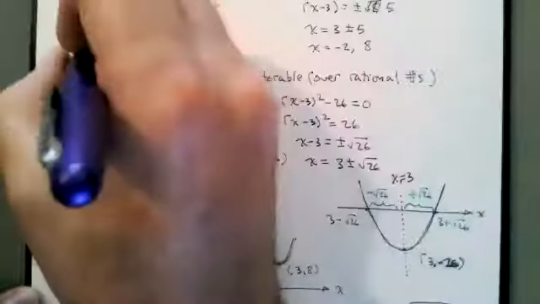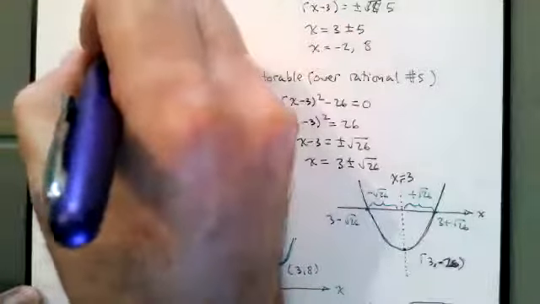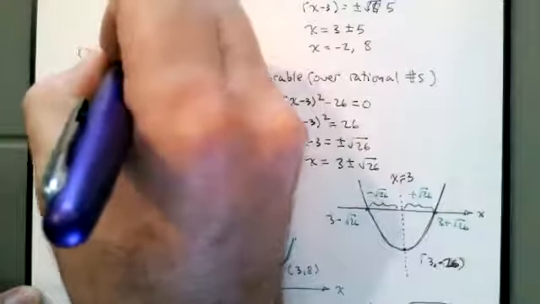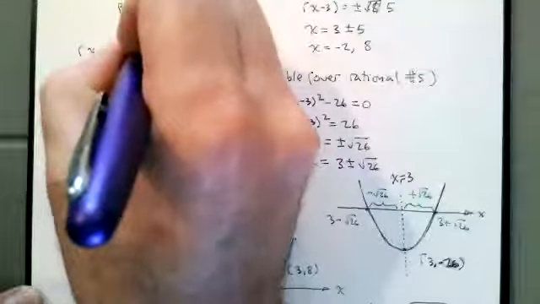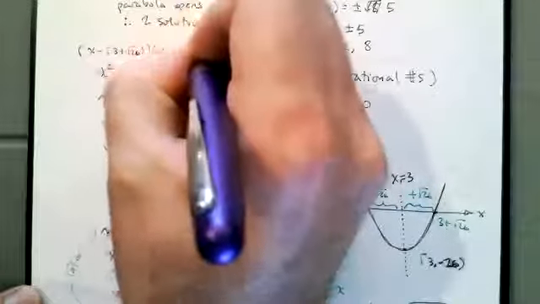If I wanted to factor this, I could say it's x minus (3 plus root 26) times x minus (3 minus the square root of 26).